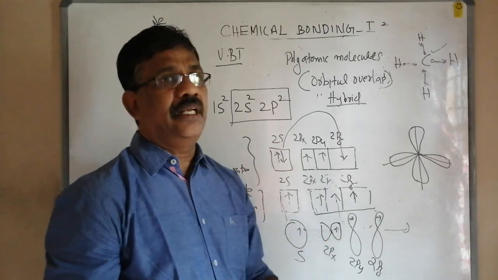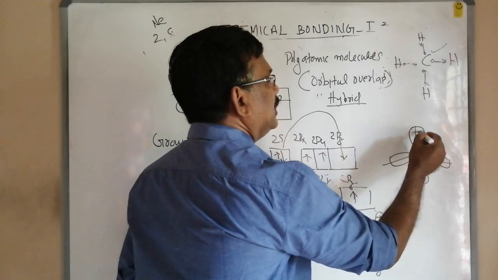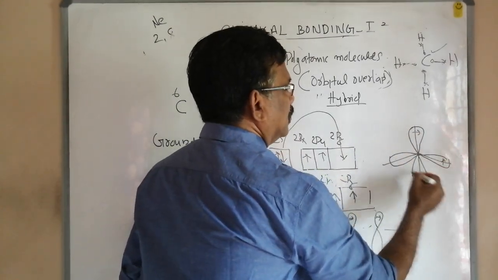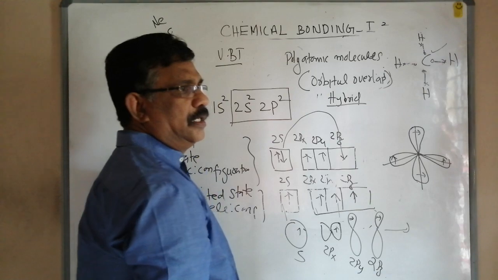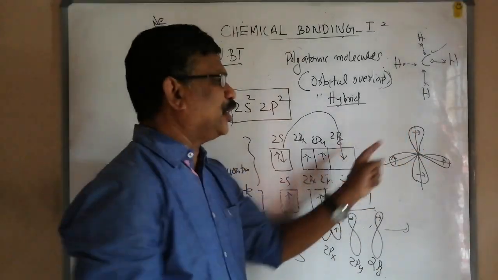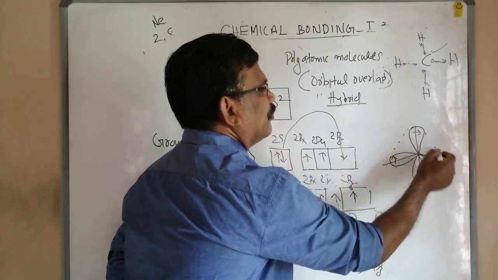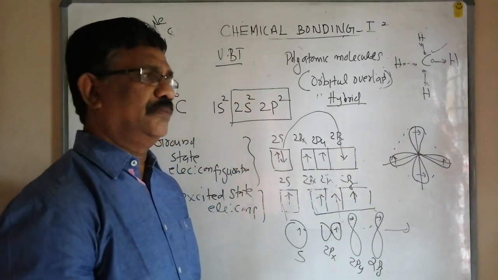So these 4 orbitals give 4 new orbitals. Each orbital carries 1 electron. And these 4 orbitals are oriented along the 4 corners of a regular tetrahedron.